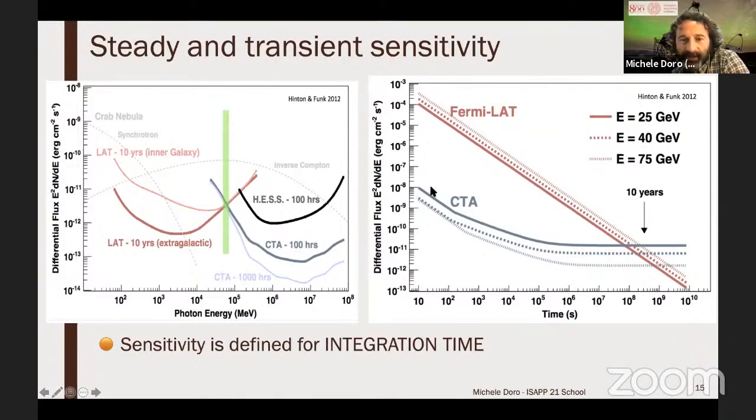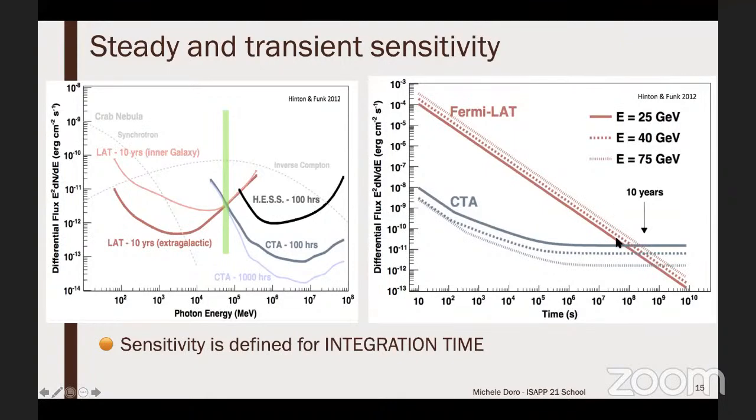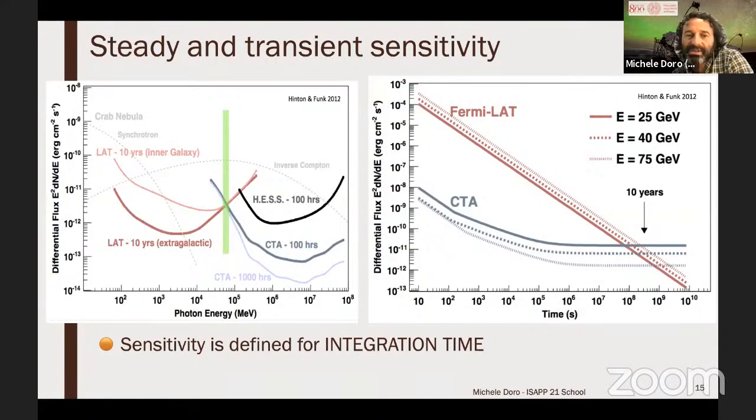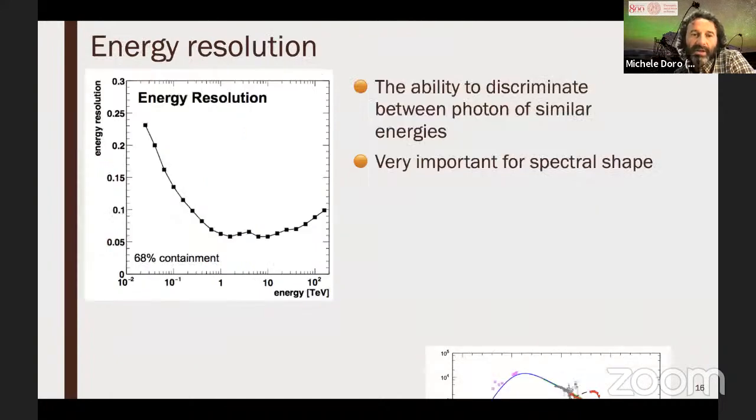So one instrument, CTA, is very sensitive to short bursts, unlike Fermi-LAT, and only in the case of very steady fluxes do you have this comparison here. This is very hard to judge if you don't know the instrument. So it's really important that we start seeing what the figures of merit of an instrument are. There is sensitivity, but the sensitivity is a function of the integration time, of course.